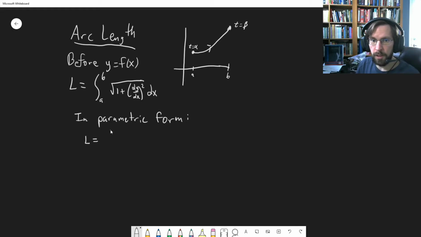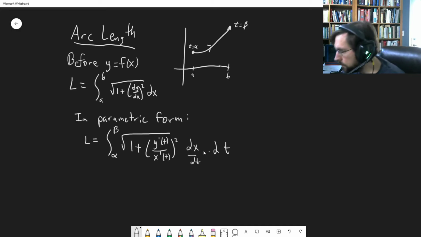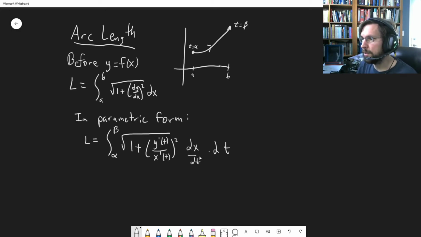Our arc length is now the integral from t equals alpha to t equals beta of the square root of 1 plus y prime of t over x prime of t, squared, times dx dt dt. But maybe I shouldn't have written this as x prime of t and y prime of t.